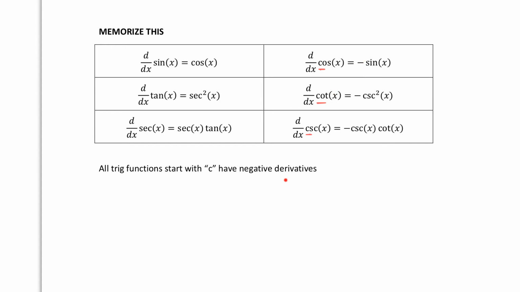All the trig functions that start with C have negative derivatives. It's a bit of a quirk, a bit of a weird sort of happenstance. It's not that the c somehow makes it negative. Remember, it's the trig identity that makes it negative, but because they all start with c, which just happened to work out that way, it's a nice little memory trick. If you see a c, then it just has to be a negative derivative, and you should be able to figure out the rest of the pattern for them.